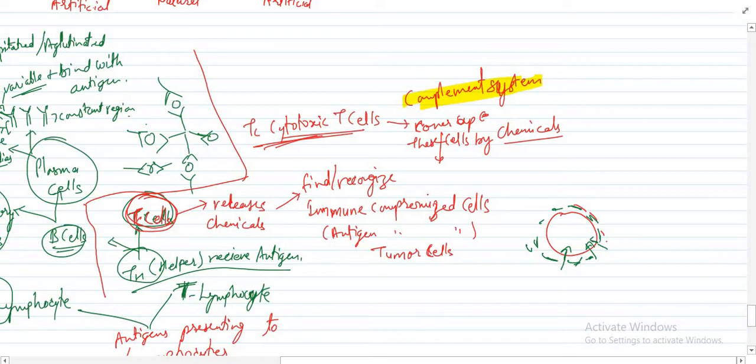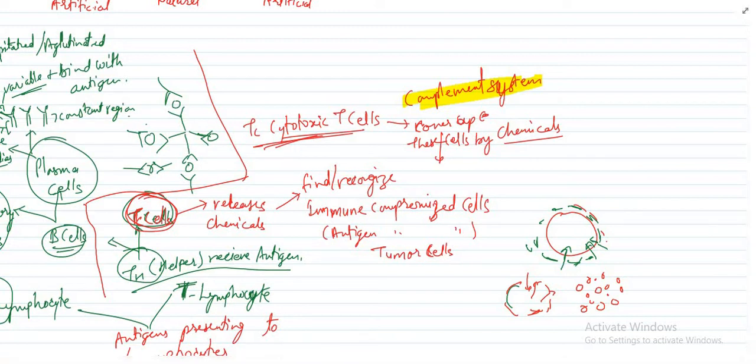They recruit another chemical which can bore into them, and after the boring, its structure looks like a porous structure. Whenever fluid is filled into them they burst, and after bursting they release all the pathogens which had escaped into these cells. Now the pathogens are open and outside, and this time the antibodies come here and trap them, kill them.